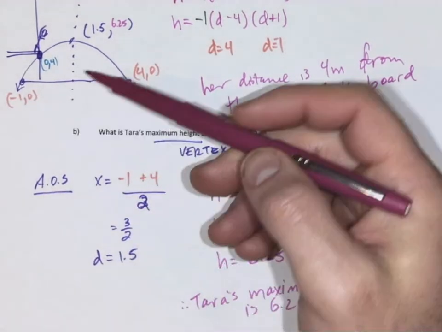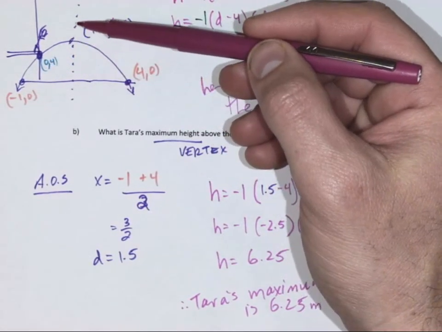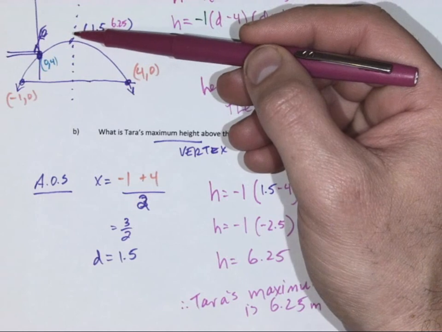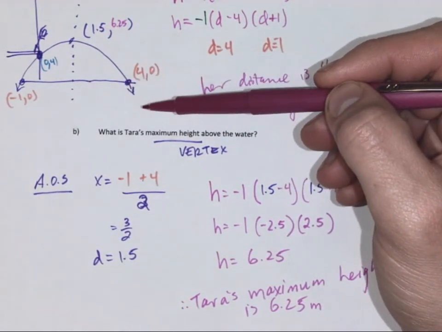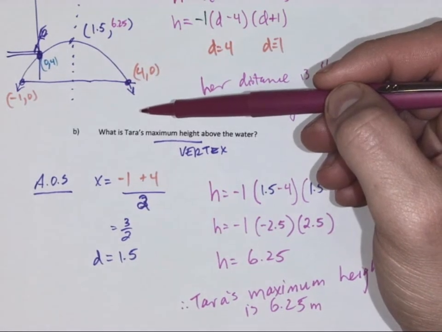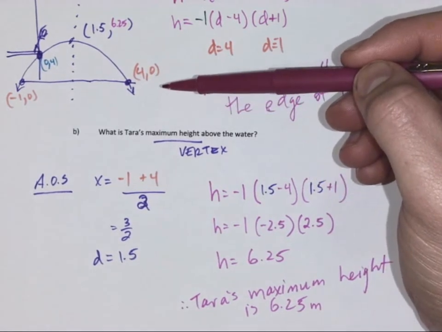So she starts from 4 meters high, bounces, gets a height of 6.25, and then comes back down to the water. Because this is water, she would sink underneath a little bit, and that's where the real part of the curve would end, and then buoyancy should float her back to the top.